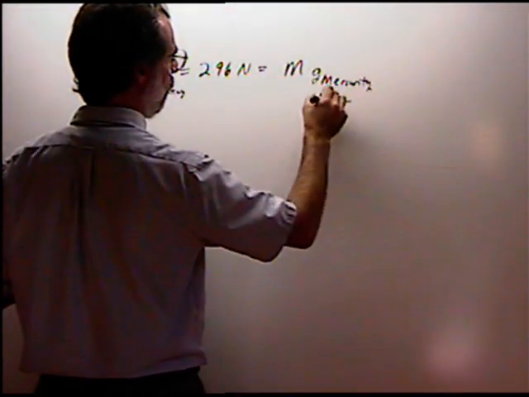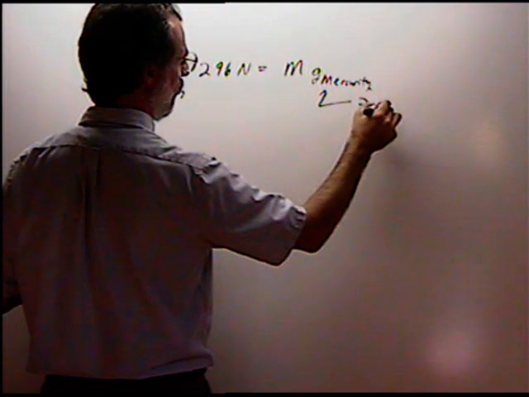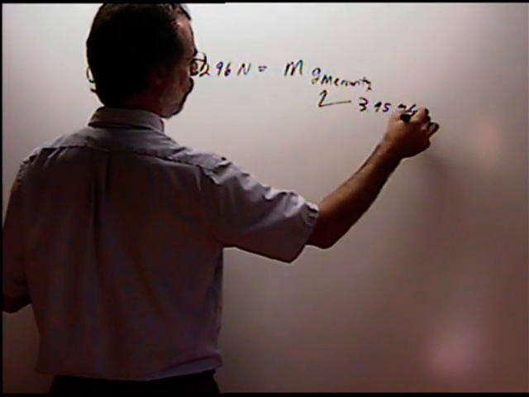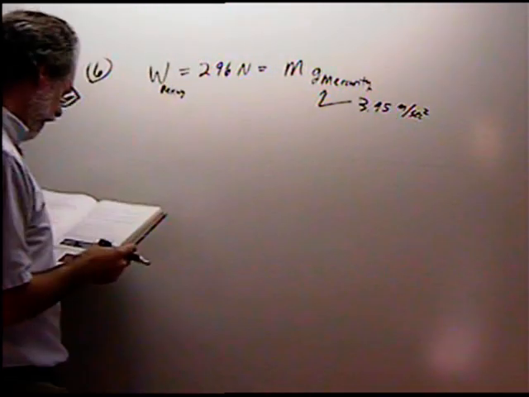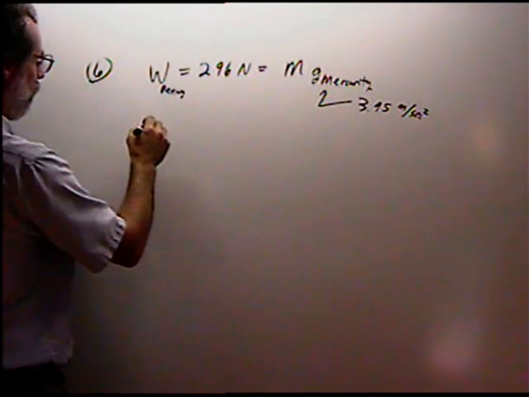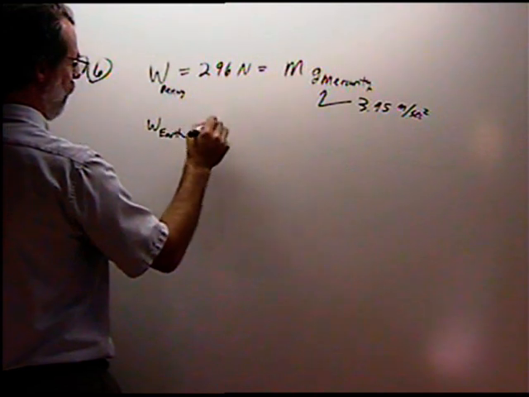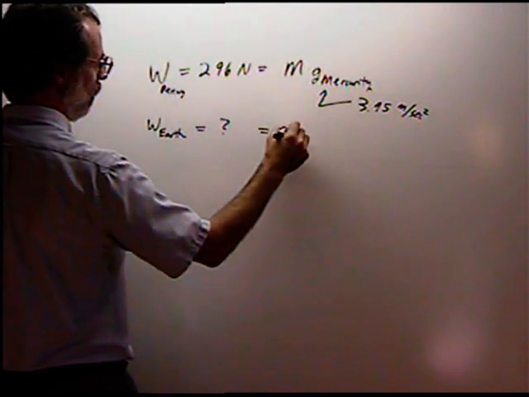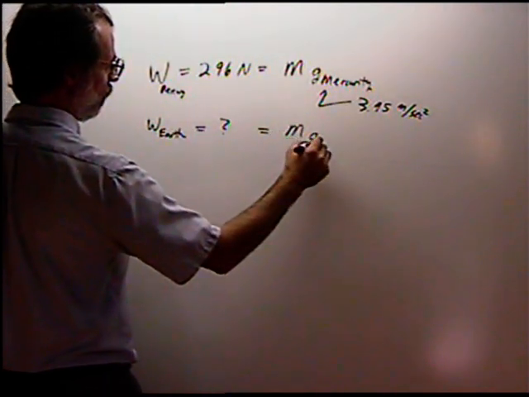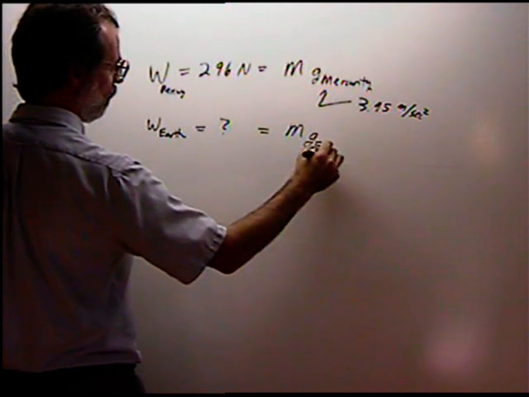And we know that this is, they say, 3.95 meters per second squared. The question is, how much does she weigh on Earth? The weight on Earth is question mark, and of course that's the gravity of Earth.